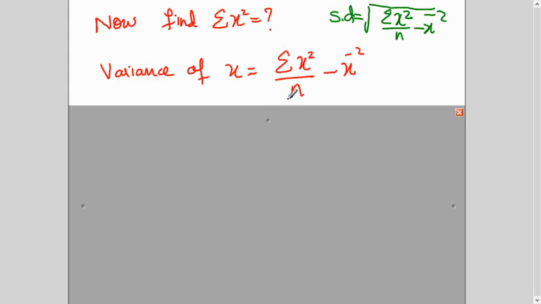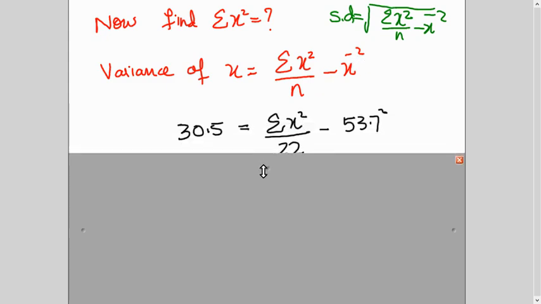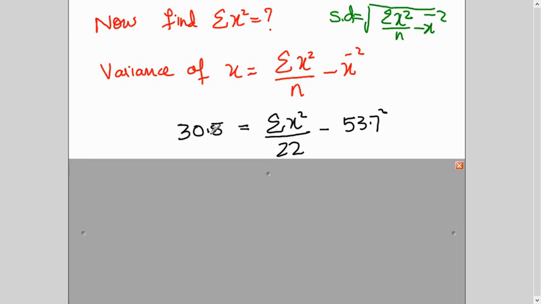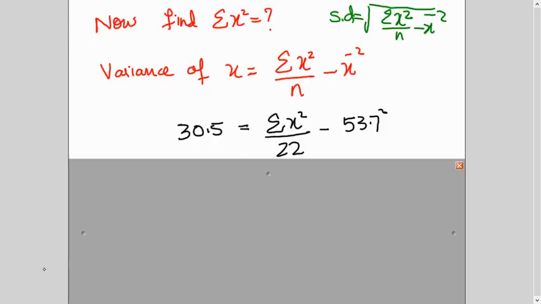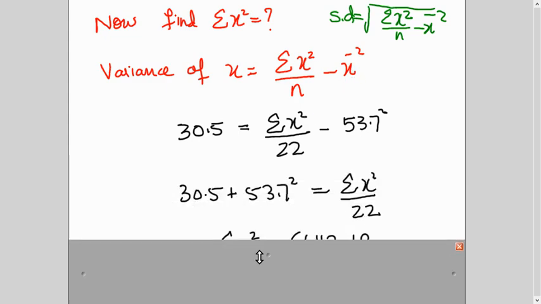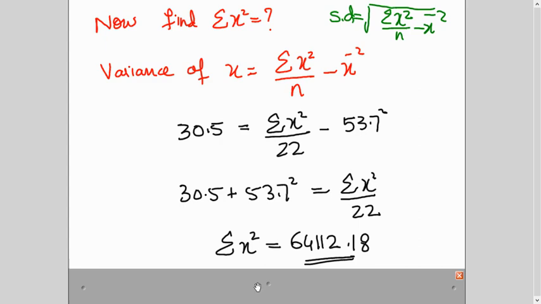We know this, and we know this also, right? This was 30.5, we have just calculated. So 30.5, n is 22, and we have calculated this also. Now we are simply plugging in the values to calculate sigma x square. So this is how we will attempt the question of coding. I have tried to cover the concept so that in whatever form it is given to you, you can do it. However, I will do 1 or 2 more questions.